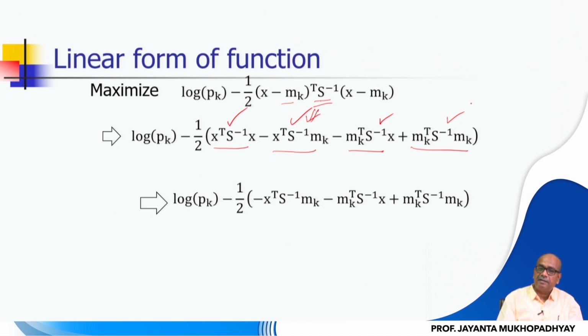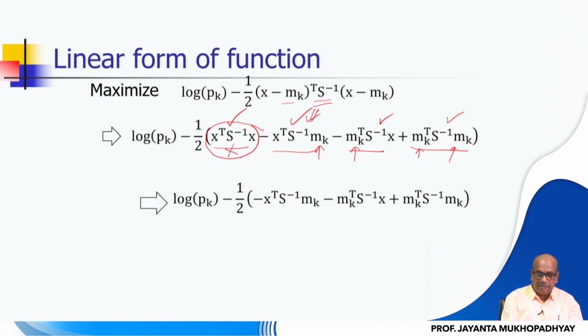So which are the terms which are depending on classes? Now, this one is not depending on class identities. But wherever mk is there, those are the contributing factors for class comparison, the discriminating part.